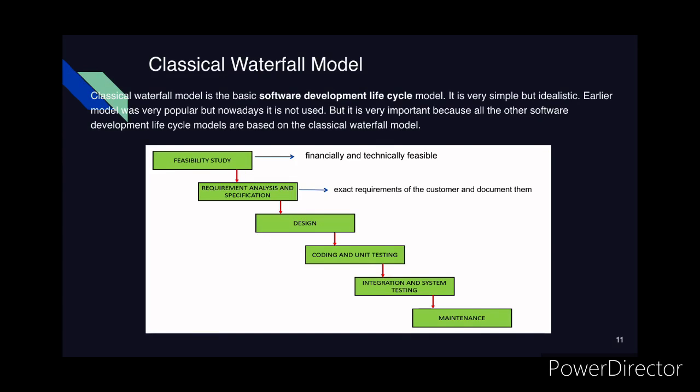All the requirements are gathered, all the analysis is done, and after analysis all the solutions and strategies are made. After that only can you go to the design part.